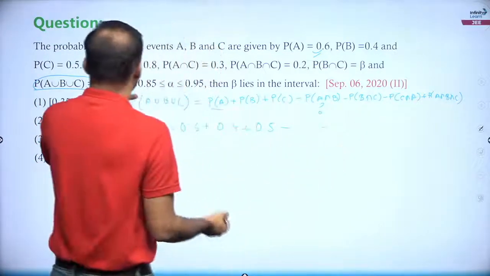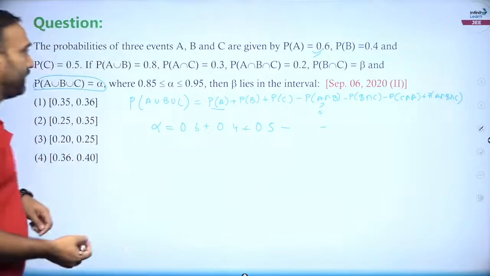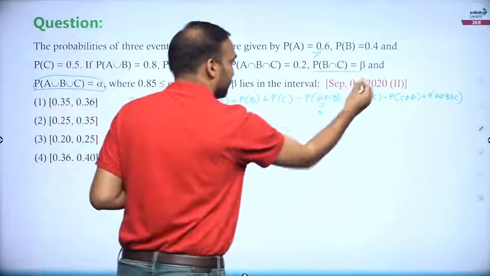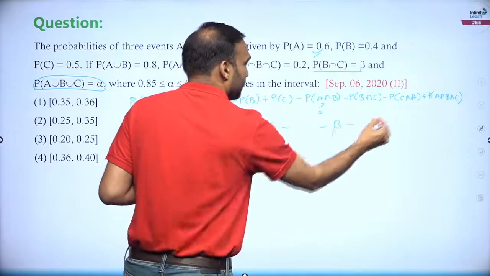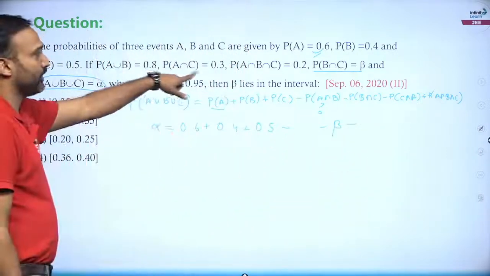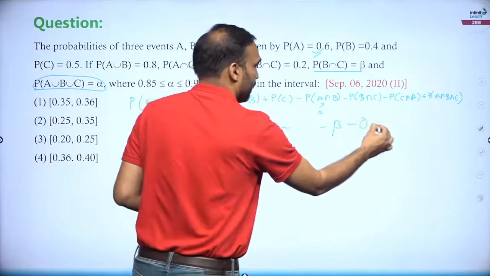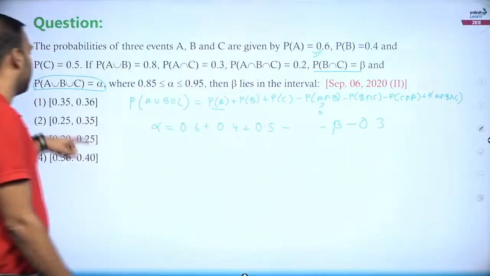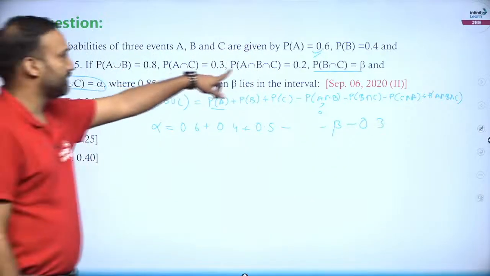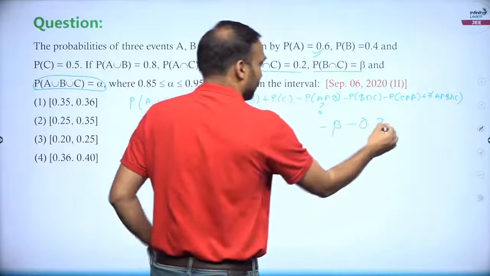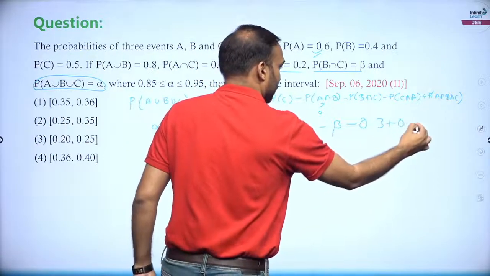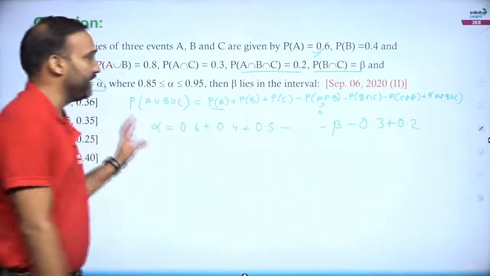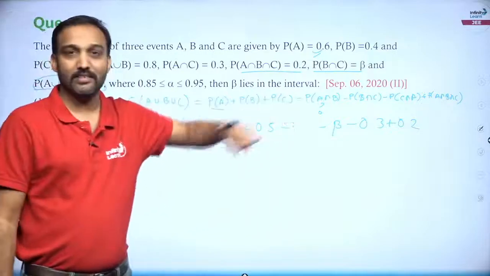B intersection C. I know B intersection C. Do I see B intersection C? Yes, it is beta. C intersection A. It is over here, 0.3. A intersection B intersection C. Do I have all the intersection? Yes, over here it is given 0.2. So I got everything except this A intersection B.